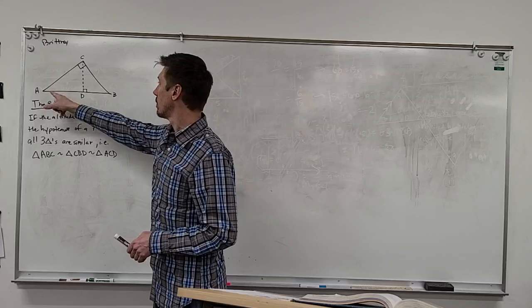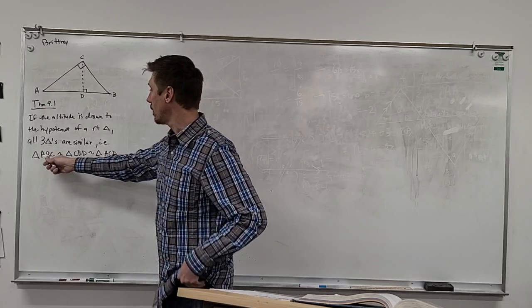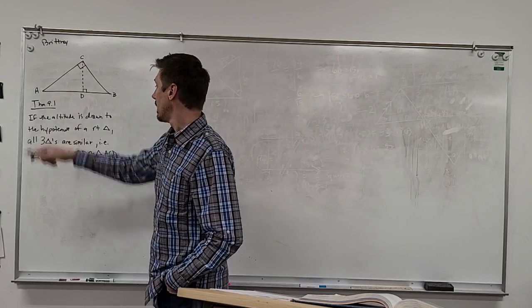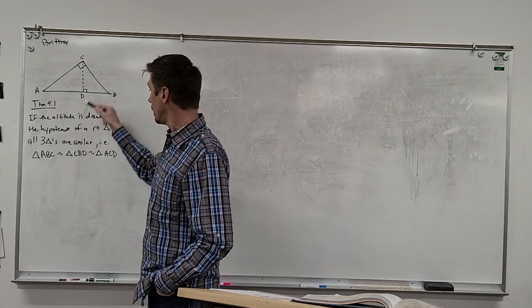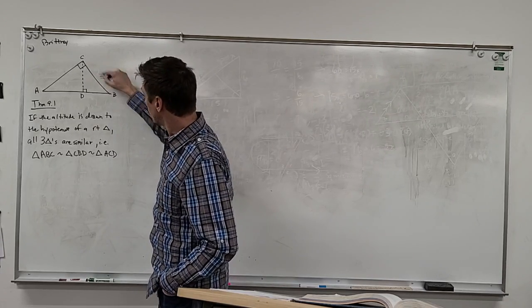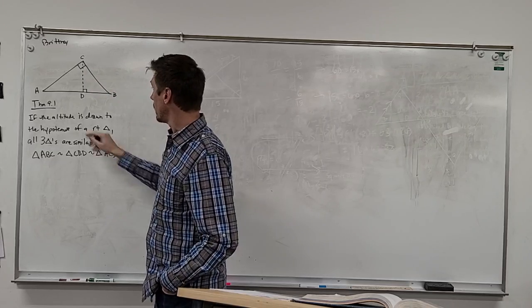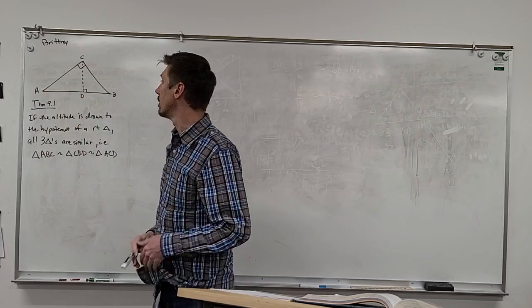Likewise, we have to call the other one in the same order. Point A on the big triangle has got to correspond to point C on this triangle right here, and to point A on this triangle right here.